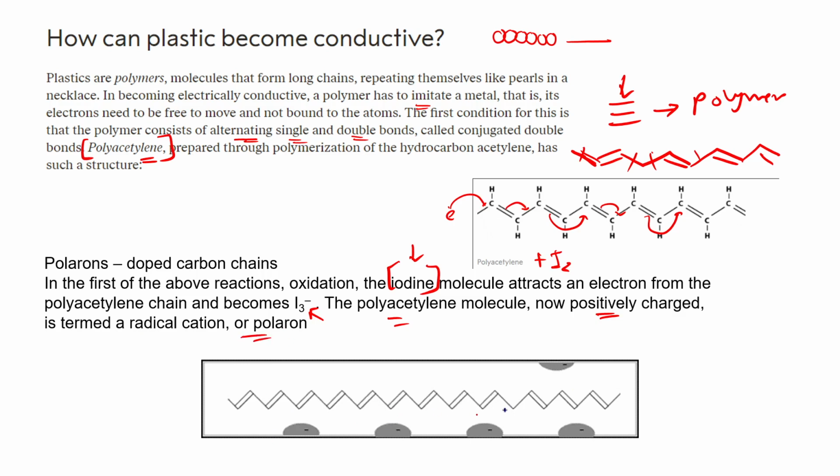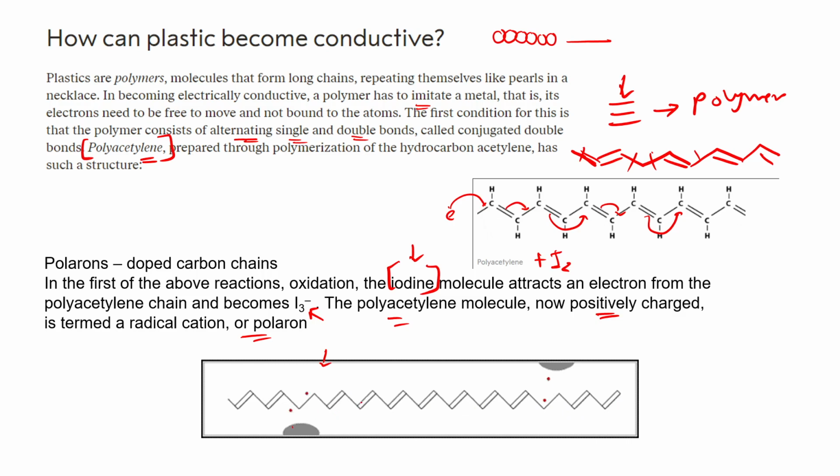When it is treated with iodine, you can initially generate this initial state. Iodine captured one electron, and here again a second electron. Now you have this double bond, sorry, positive charge, and in this way it can migrate from one end to another end.